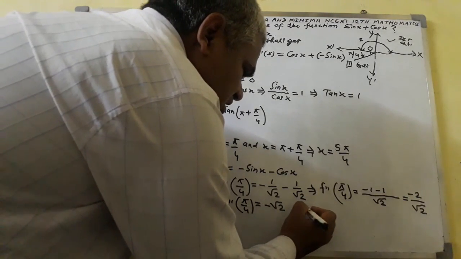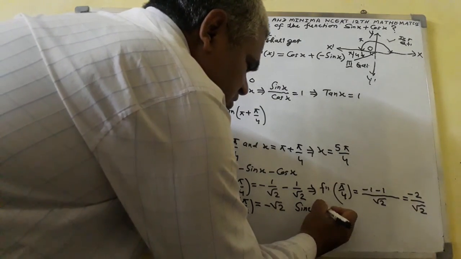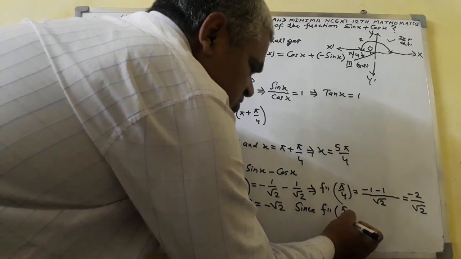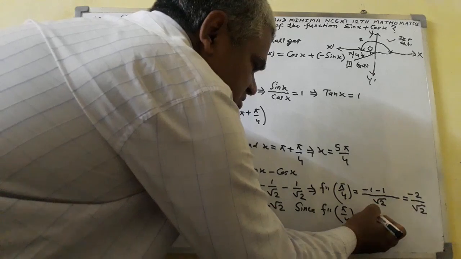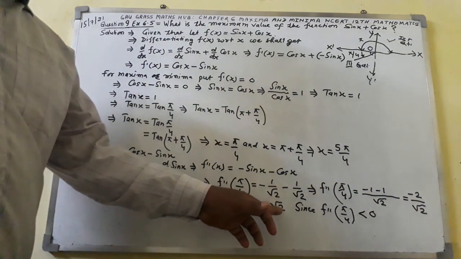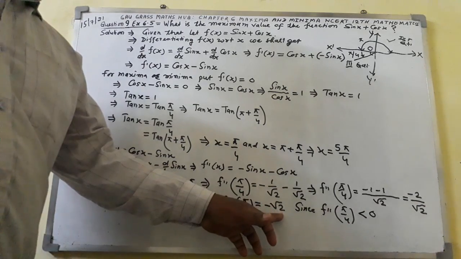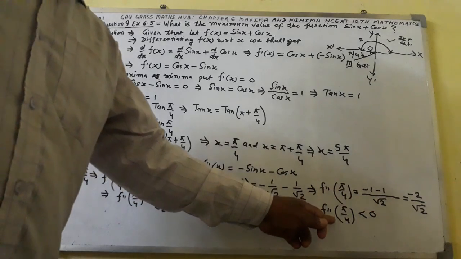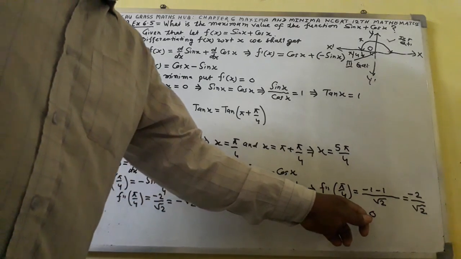Here again I shall write, since f double dash of pi by 4 is less than 0. Here you can see minus under root 2 is less than 0. That's why f double dash of pi by 4 will be less than 0.